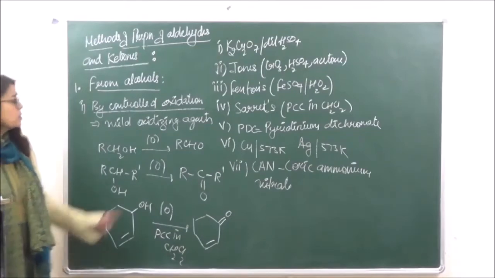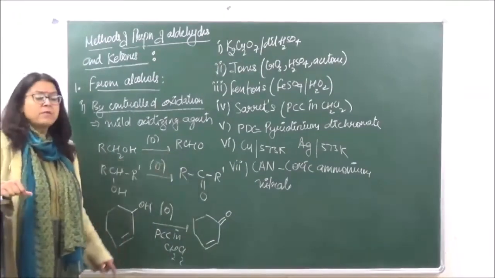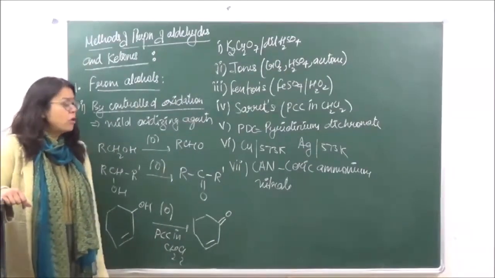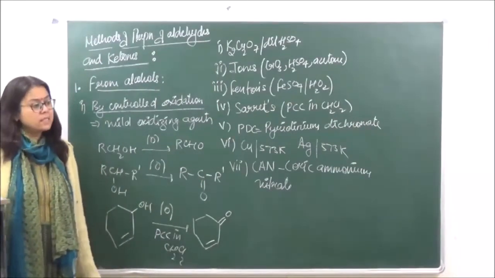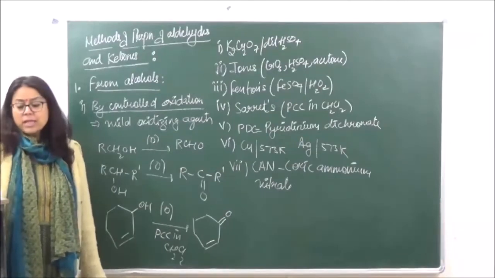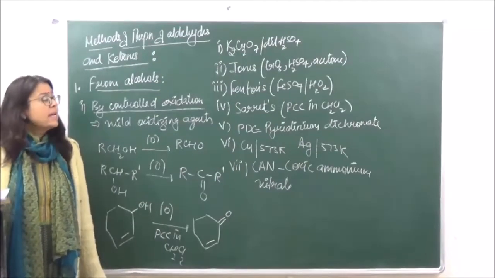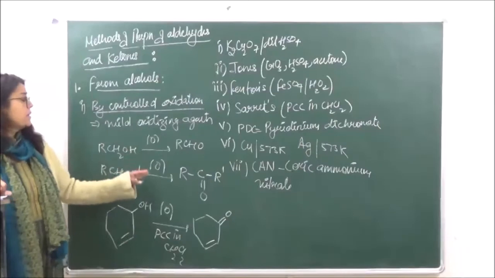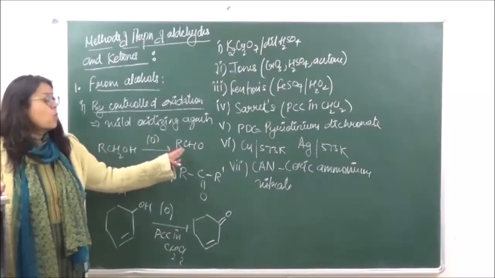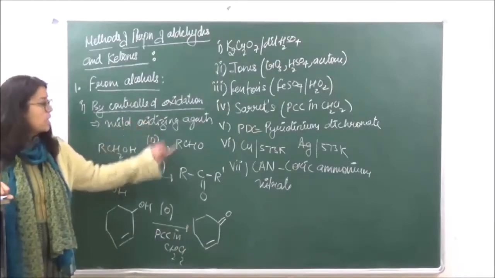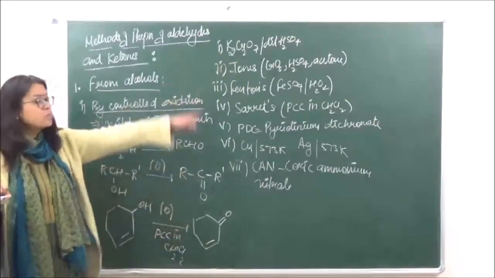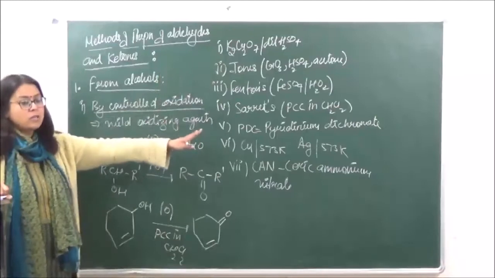Now the aldehyde formed, RCHO, can be further very easily oxidized to acids. In order to keep the reaction at RCHO only, we have to use this controlled oxidation, which can be done by all these mild oxidizing agents.